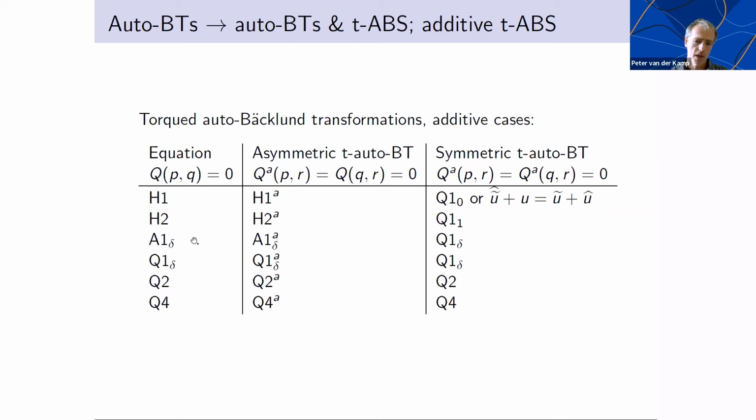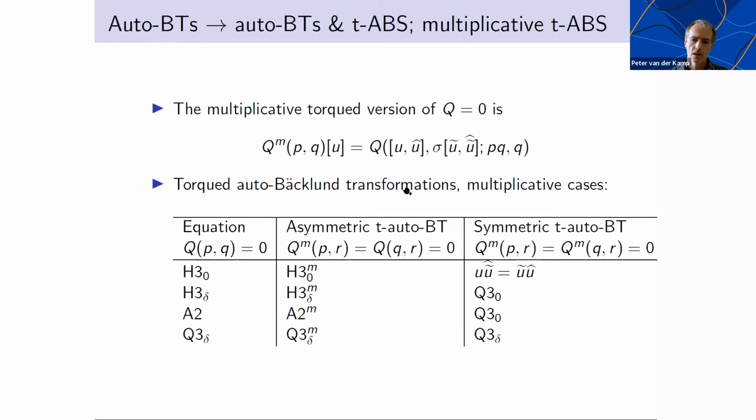Now, for some ABS equations, this list is not complete. Q3 is missing, A2 is missing, and H3 is missing. You need a different parameter transformation. It's a multiplicative parameter transformation. So we see PQ here.